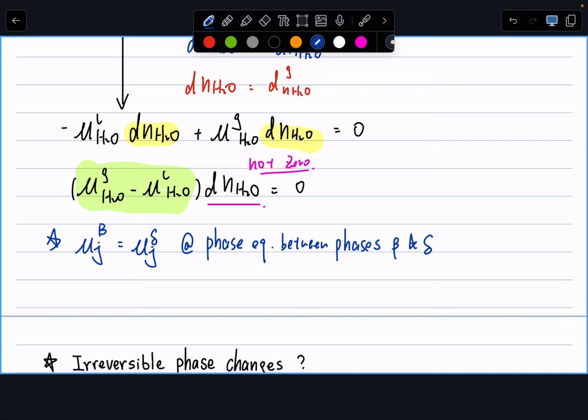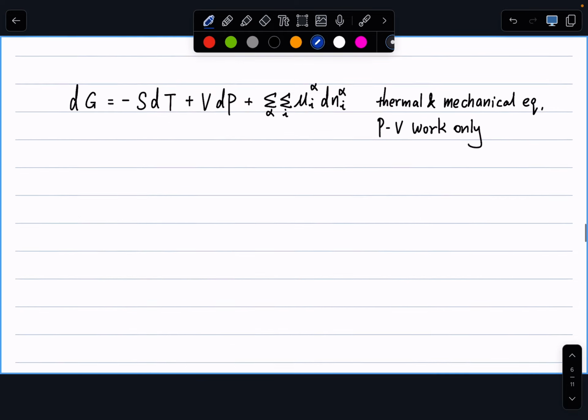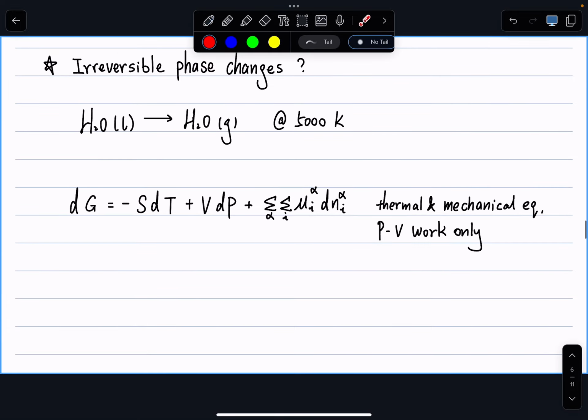With me so far? Okay. Next, imagine we move out from phase equilibrium into talking about irreversible processes. Let's think about the same reaction. It's still water vaporization, but now it's happening at 5,000 K, so it's definitely an irreversible process.